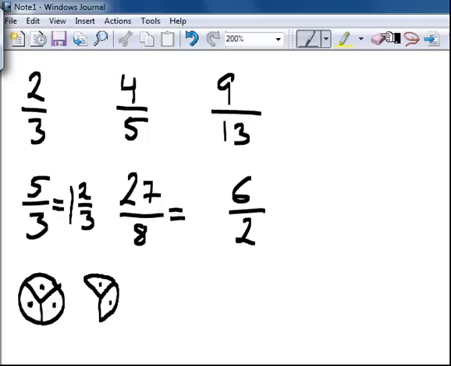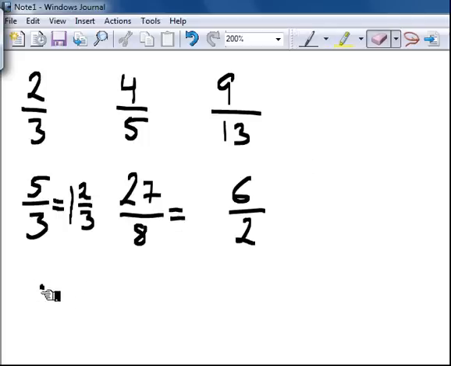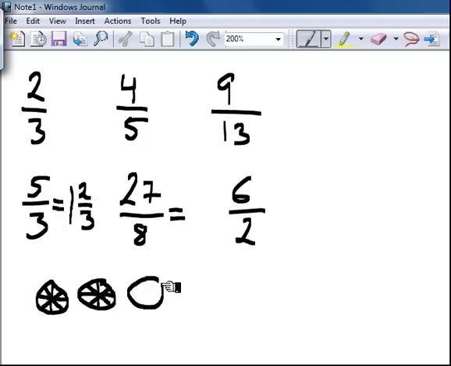Same thing here. Let's think pizzas again. So we have 1 pizza, and we divide it. It's going to be difficult to draw. 4 pieces, 8 pieces. Okay, and then we have 1 more pizza. Now we have 16, and we have a 3rd pizza, and we have 24. But we're going to have 27/8.